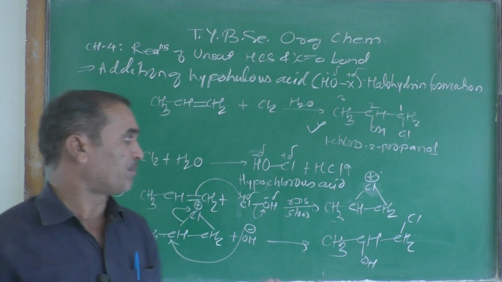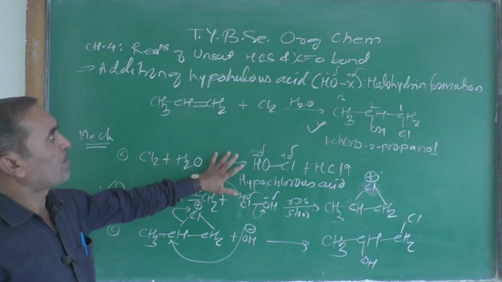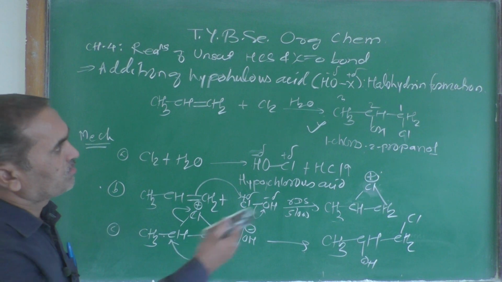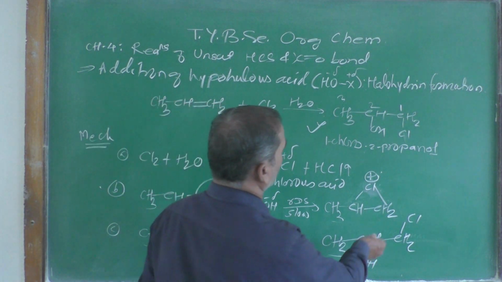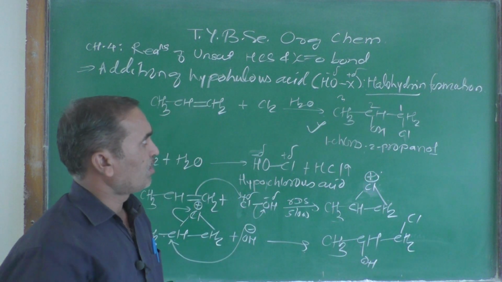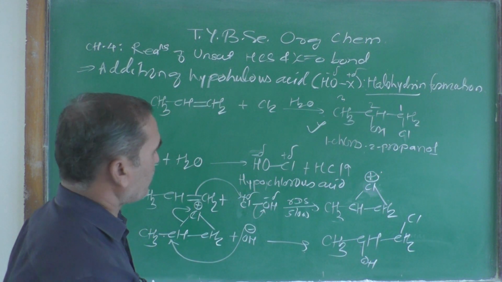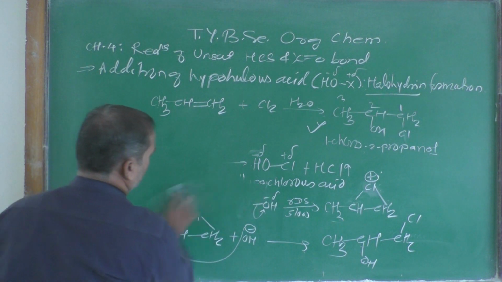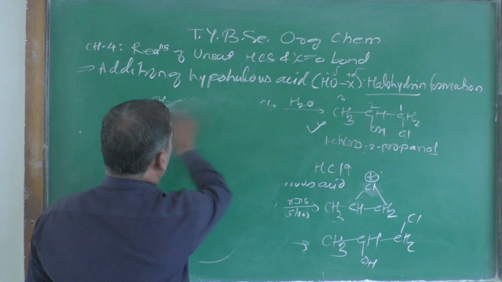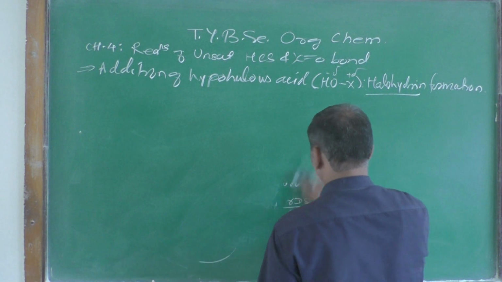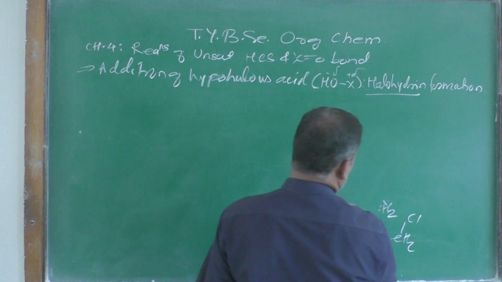In this way we have seen the example of addition of hypohalous acid. Whatever derivative forms, the name of that derivative is halohydrin formation. And here the first step involves the formation of the cyclic halonium ion.